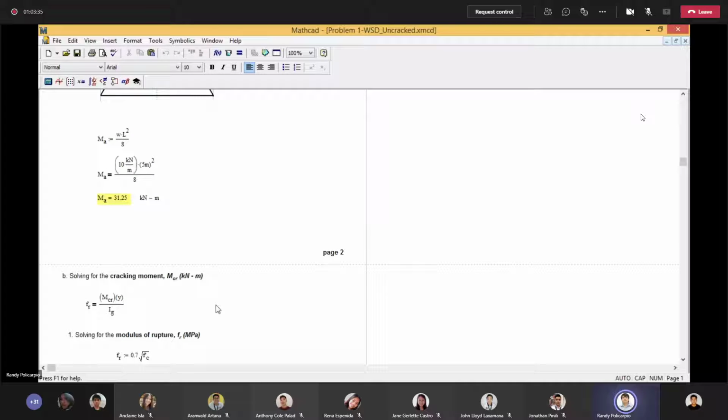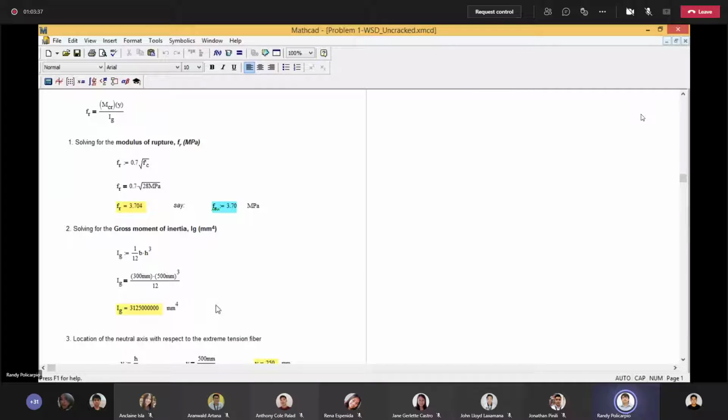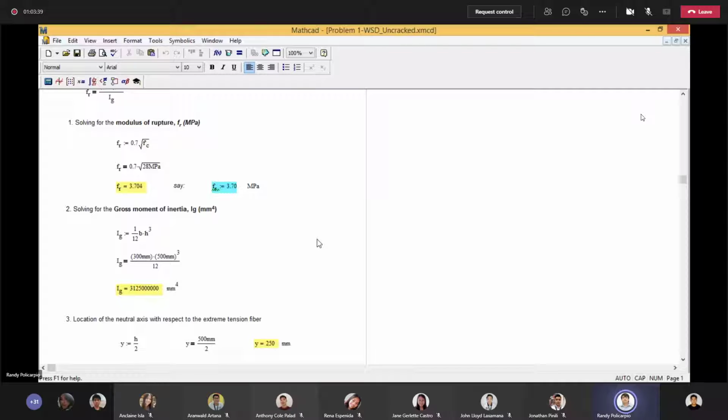Yung section natin purely concrete, konkreto lang siya. You neglect the reinforcement. And since it is a rectangle, we're going to determine the gross moment of inertia with respect to the neutral axis, at merong direct formula for rectangle, and that is bh cubed over 12.